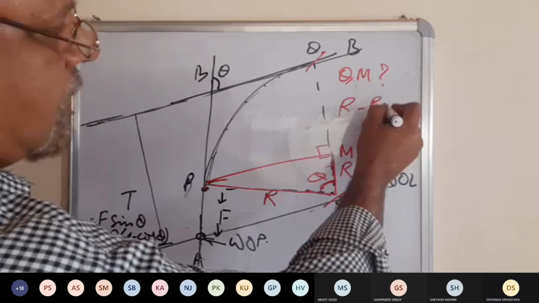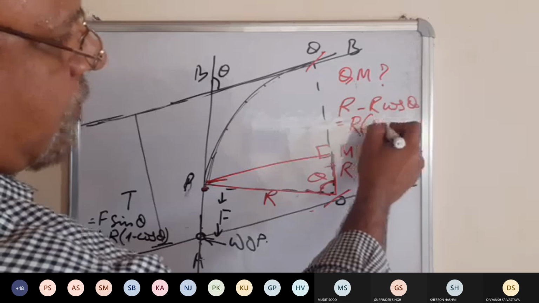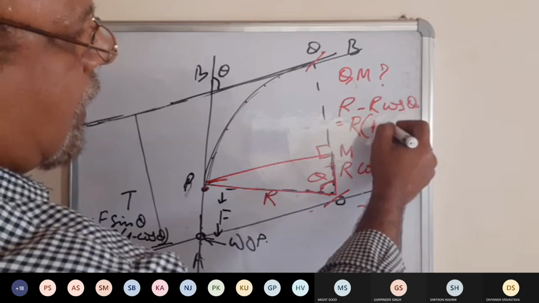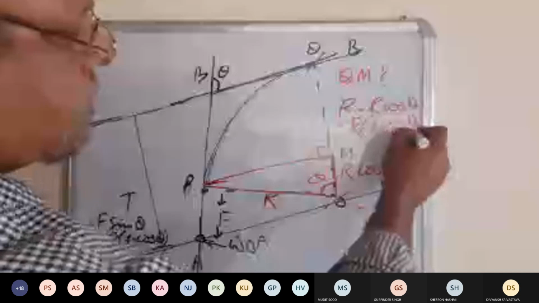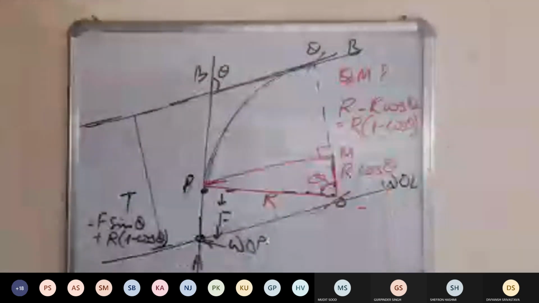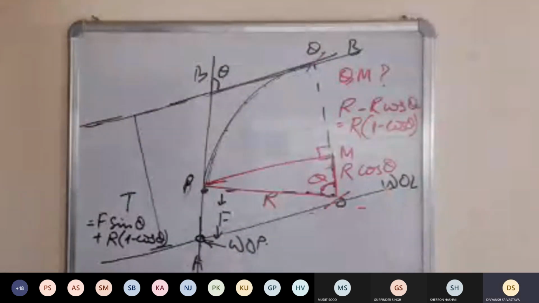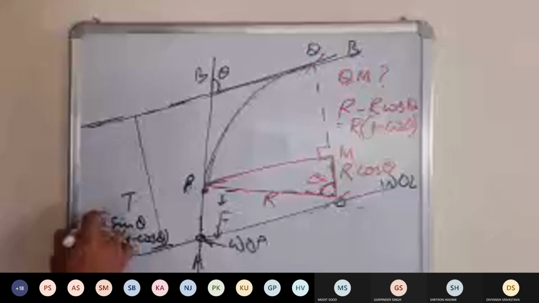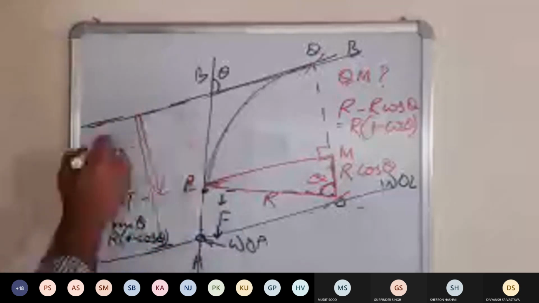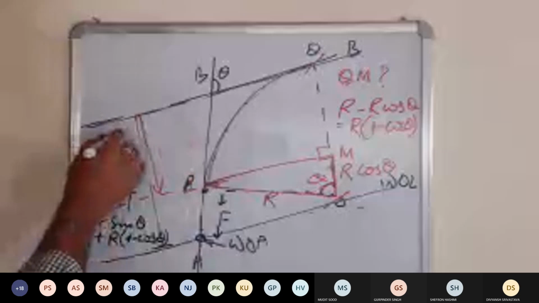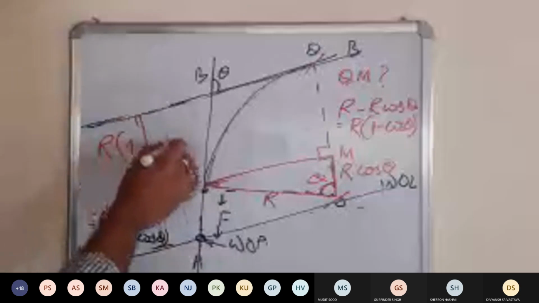So we can write this as R को बाहर ले लें तो 1 minus cos theta. Is it okay? Yes sir. So if we extend this line further, from here to here, we have got R into 1 minus cos theta.